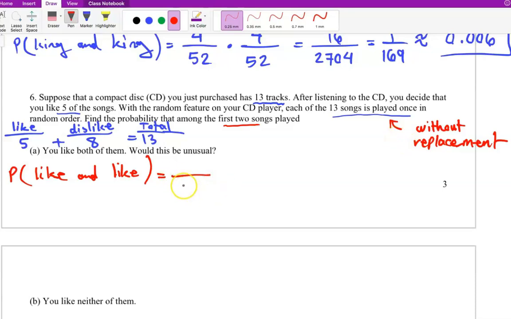In total we have 13 songs, and we like 5. Multiply by, since this is without replacement, we should subtract 1: 12 and 4. Whenever you have without replacement, you subtract 1 from both numerator and denominator from the first step. If it's not without replacement, then you don't subtract. So here it is 5 divided by 39, and that is 0.128.